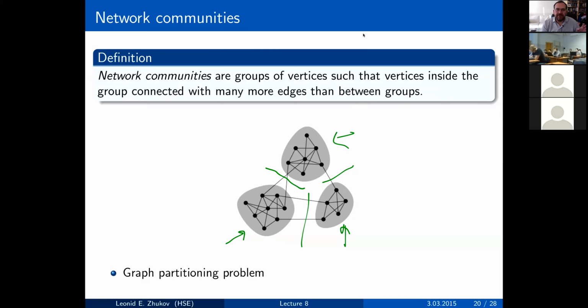Okay, so again, we'll move on by looking at finding network communities as a graph partitioning problem. Right now we'll be talking in the graph language. We'll shift from a data mining perspective to discrete mathematics and graphs. We'll be trying to find those edges that we need to remove to split the graph into pieces, and every piece would be a community.